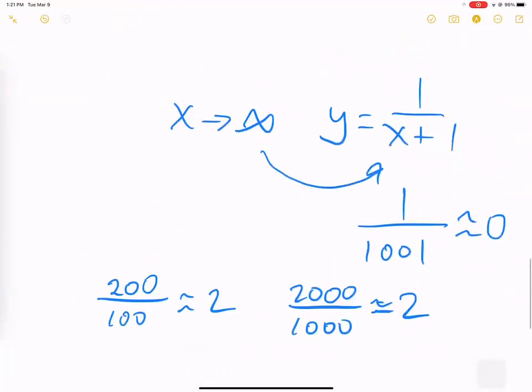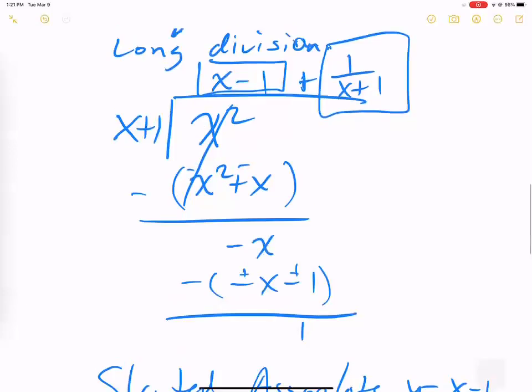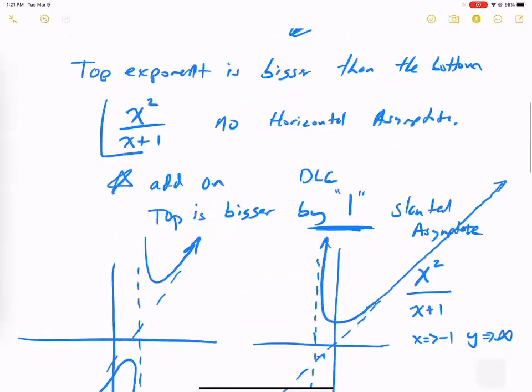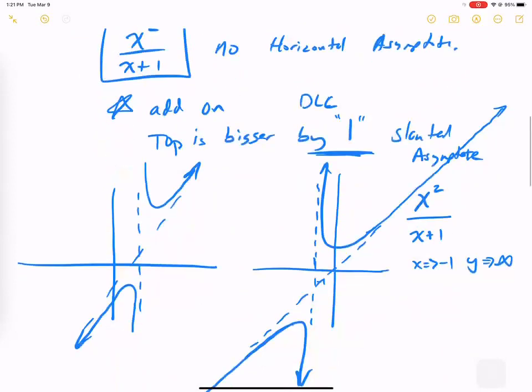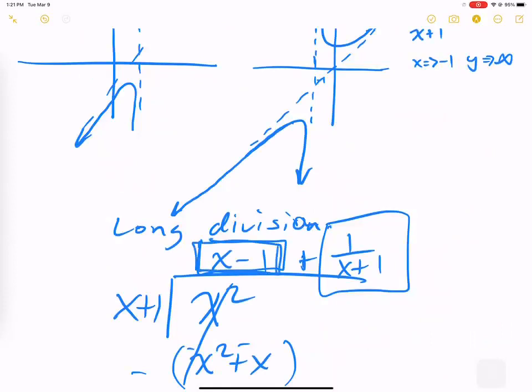That's what happens here. When we divided x squared by x plus 1, we end up with a whole number of x minus 1. That's what the graph will look like eventually, because as x gets larger, the remainder becomes smaller.